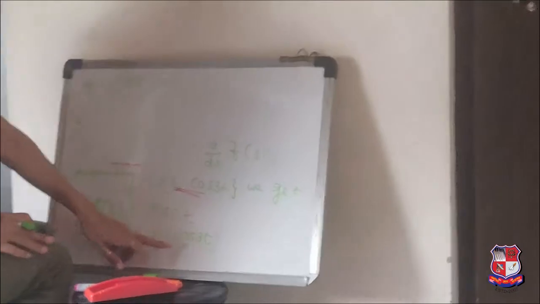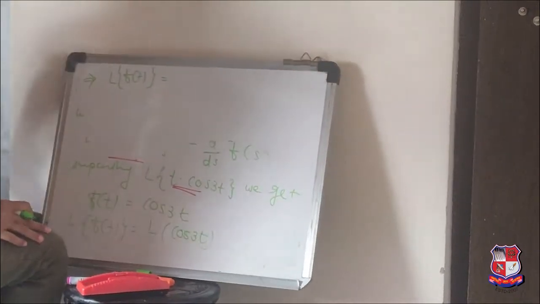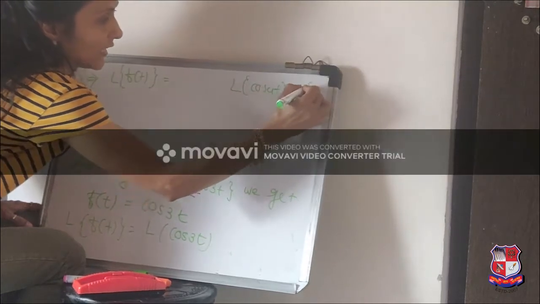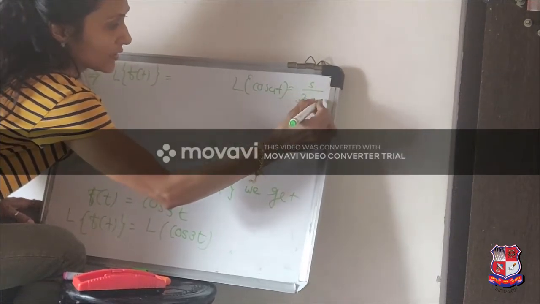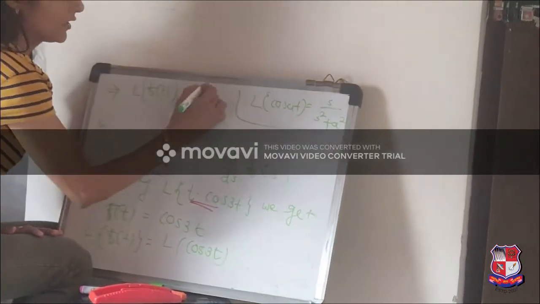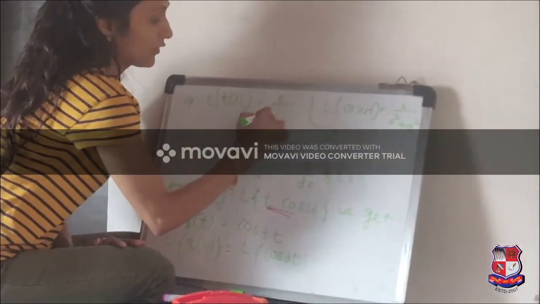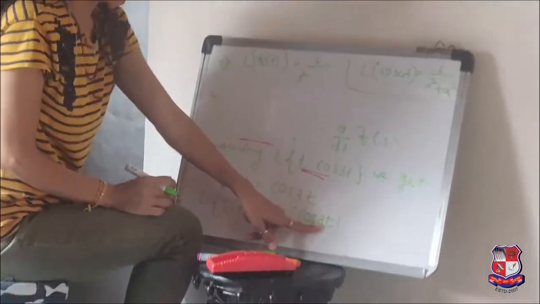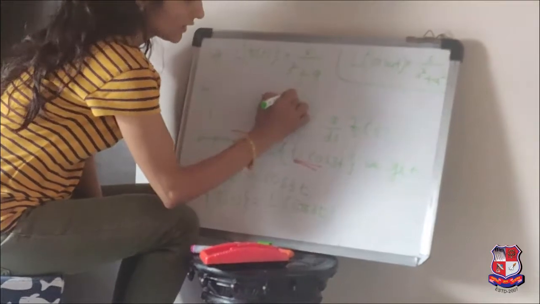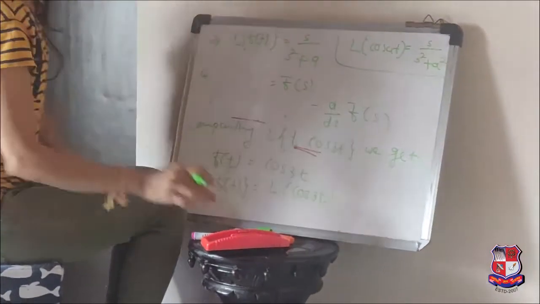We studied earlier that Laplace of cos at is equal to s over s square plus a square. We use this rule. Here a is equal to 3, therefore s over s square plus 9. This is called f bar s.